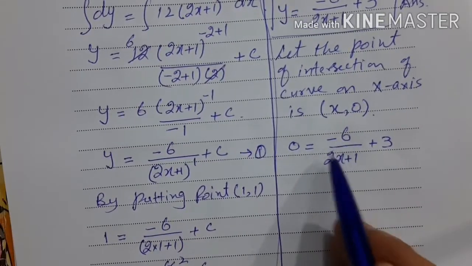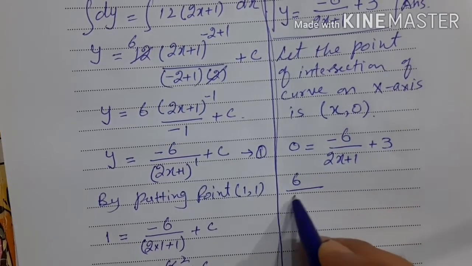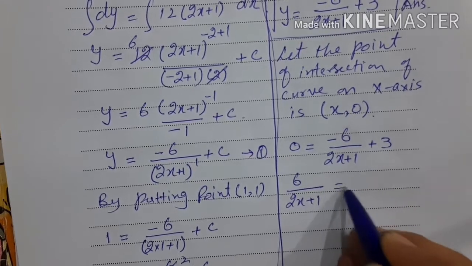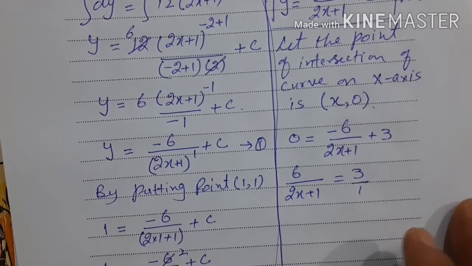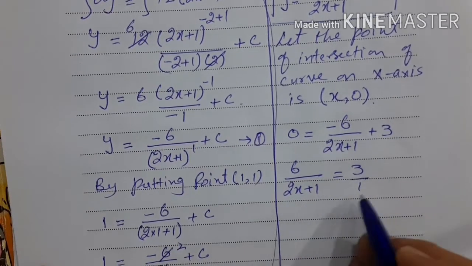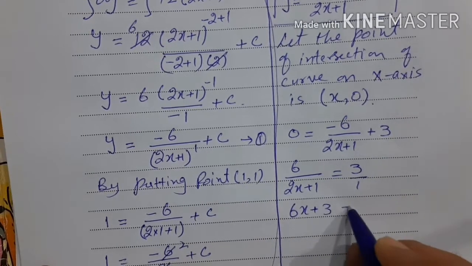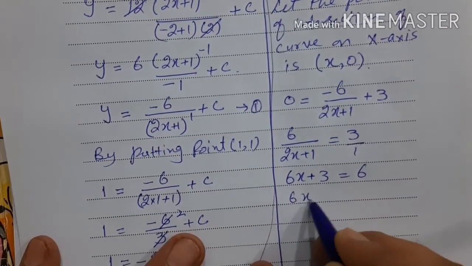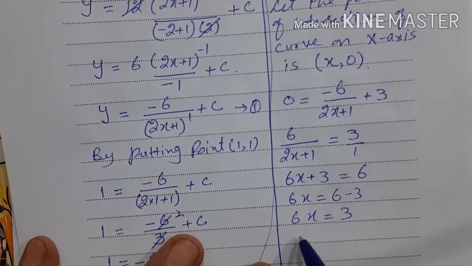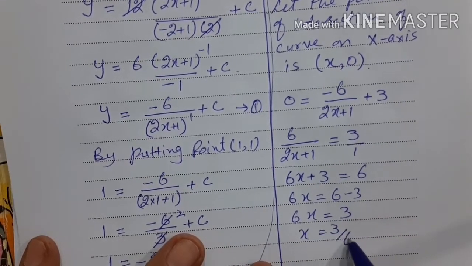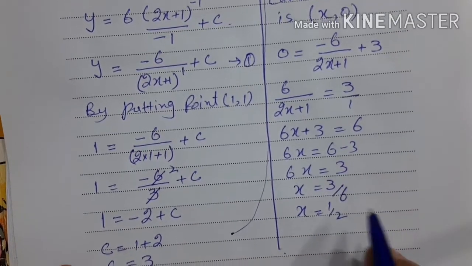So take this thing on the left side, so it will become positive. 6 over (2x plus 1) is equal to 3. So I can cross multiply here. So this will be 6x plus 3 is equal to 6. 6x is equal to 6 minus 3. 6x is equal to 3. x is equal to 3 over 6. x is equal to 1 by 2.